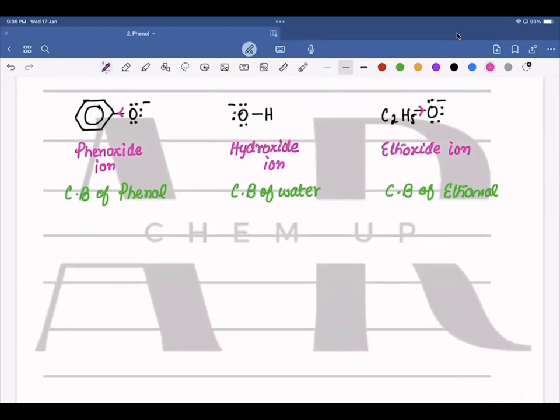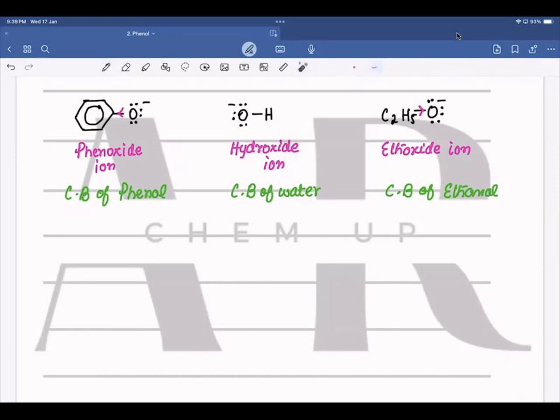So it is more likely to accept hydrogen ions. And since it readily accepts hydrogen ion and turns into an undissociated molecule, the concentration of hydrogen ions in the solution decreases, which makes ethanol a weaker acid than phenol and water.